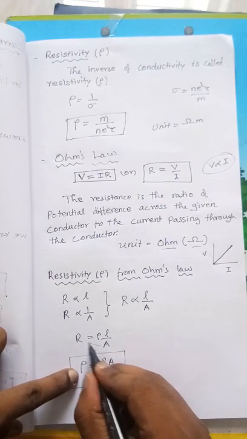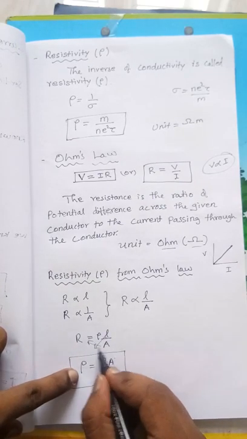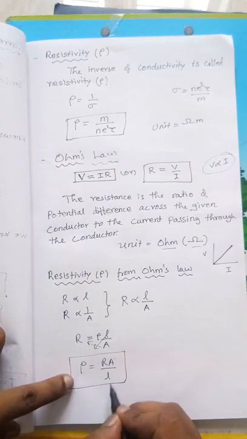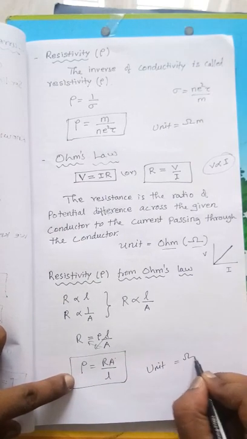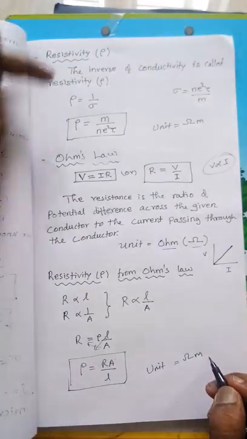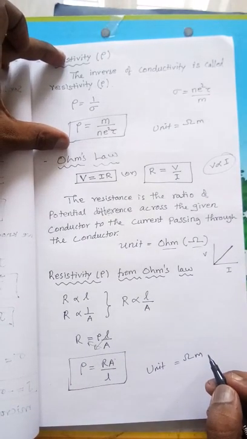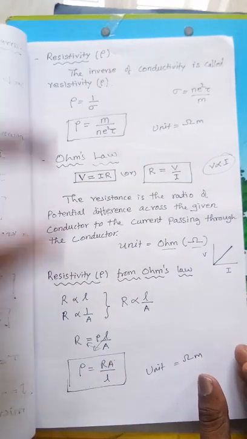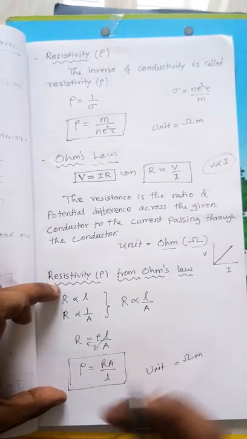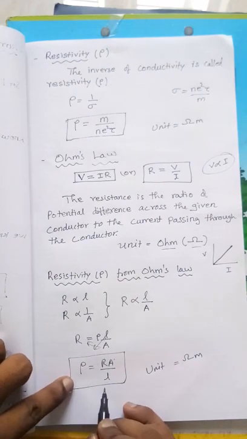So rho is equal to RA by L, by cross multiplying. Here also the unit is ohm meter. Both are correct: one is from the microscopic method, and this one is from the Ohm's law method. Rho is equal to RA by L.